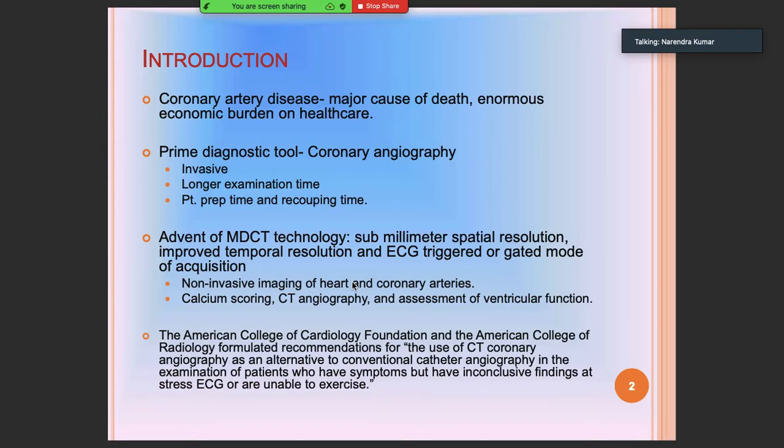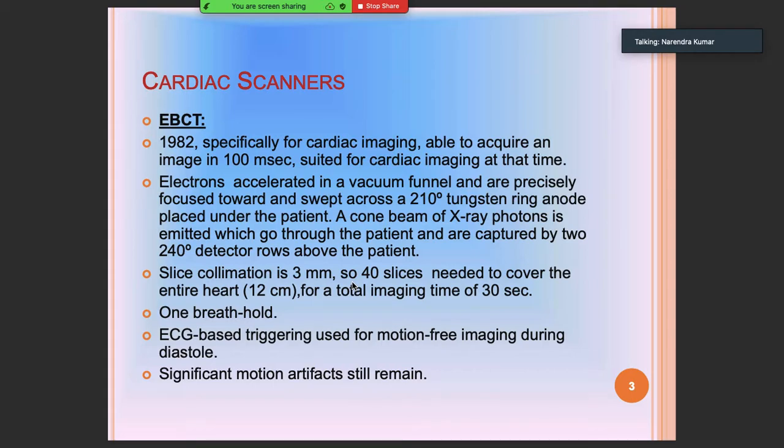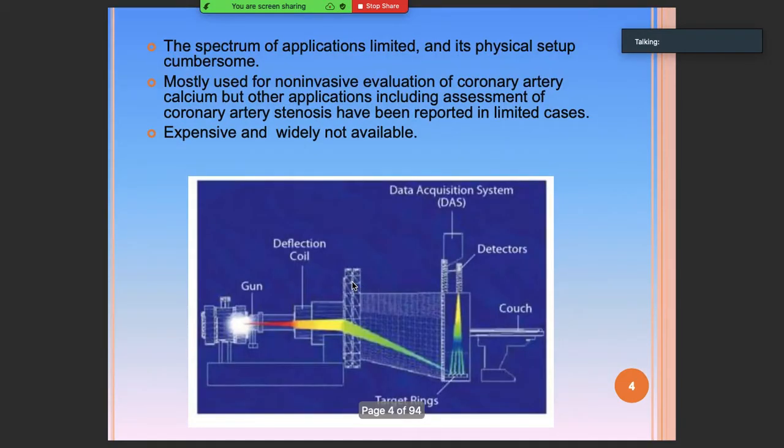The main reason for that was, of course, cardiac imaging, and in a very short time, in fact just about 100 milliseconds, you could get an image. The problem sometimes, especially with this scanner, is the motion artifacts.